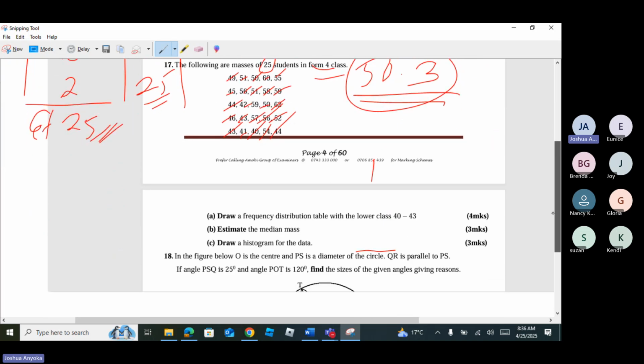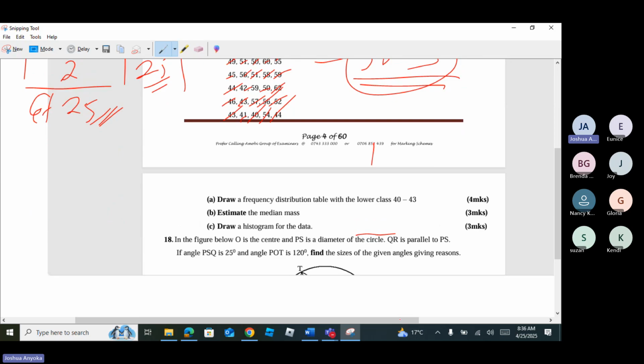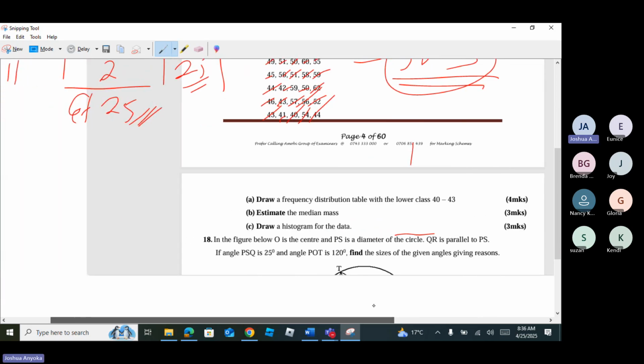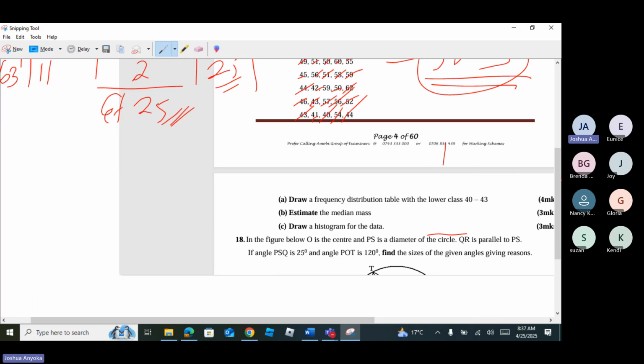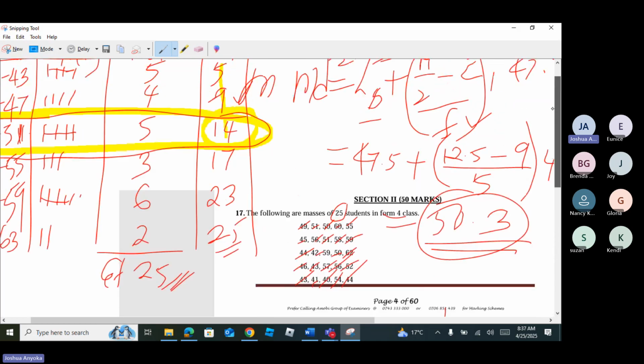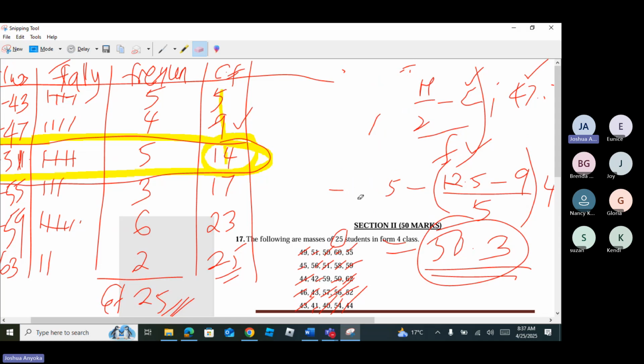Next question. Draw a histogram for the data. I want to get back and see how we can draw a histogram for this data. For the histogram to kick off, we need another column for class boundaries.